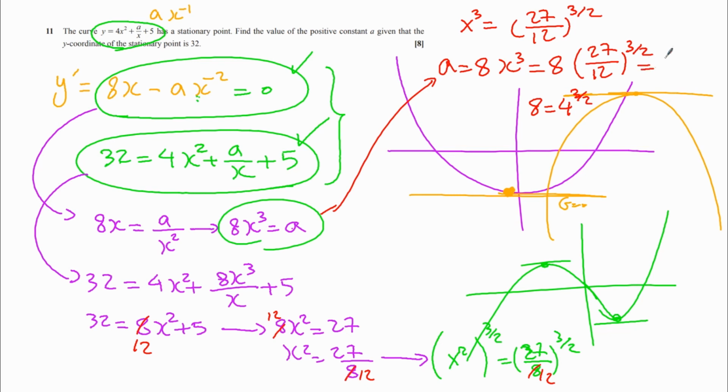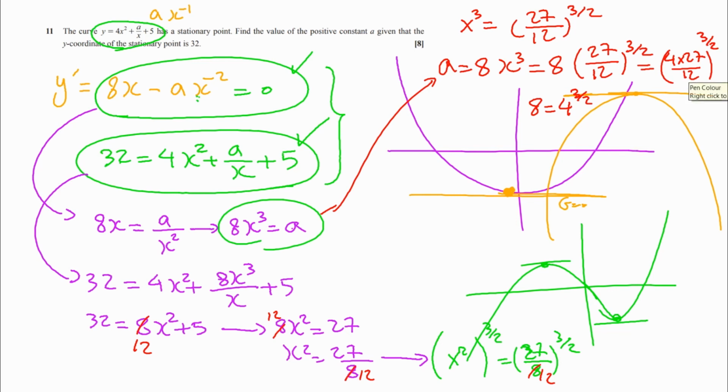So this would be equal to 27. If I simplify this, this would be equal to 4 times 27 divided by 12, all of that to the power of 3 over 2. Basically, that 4 goes inside the bracket to the power of 3 over 2.